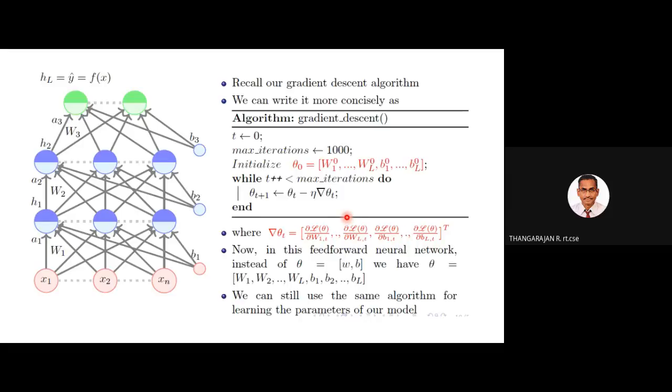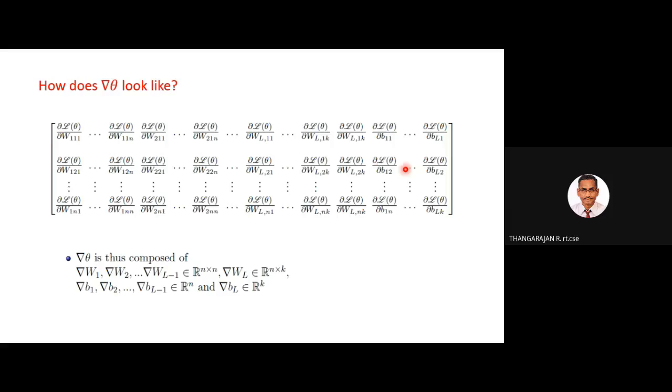Now you may wonder how this matrix theta looks. So you just see the next figure. Here is how delta theta looks. The first index refers to the number of the layer. So first layer, first neuron in layer 1 and the second neuron in layer 2.